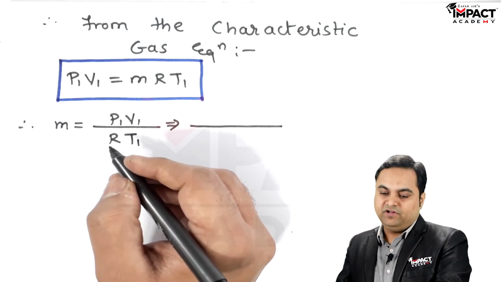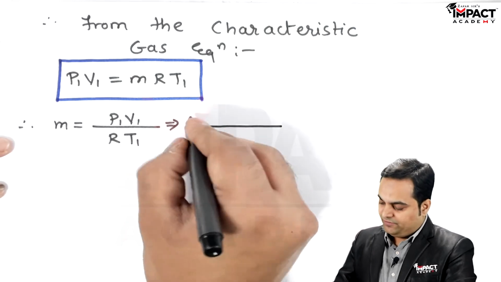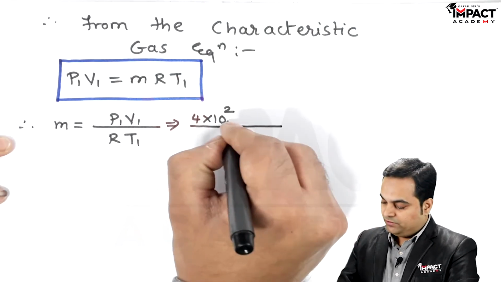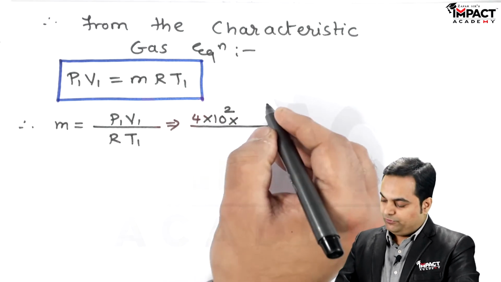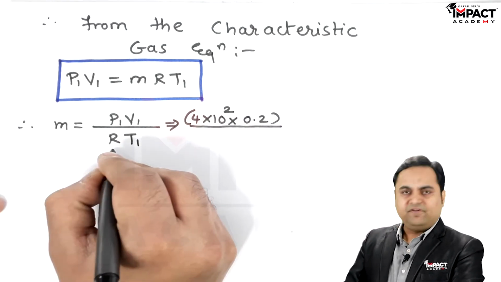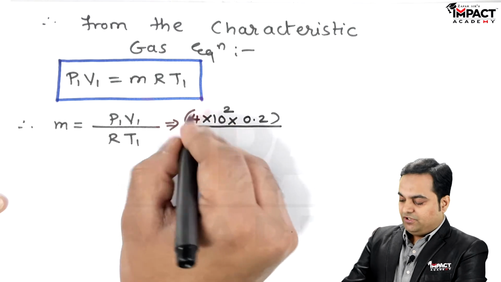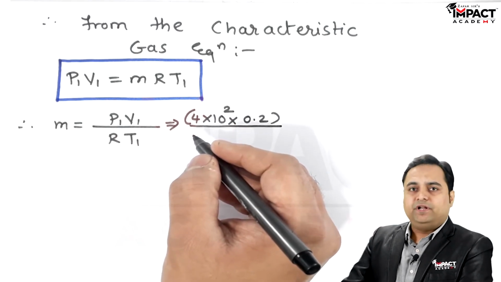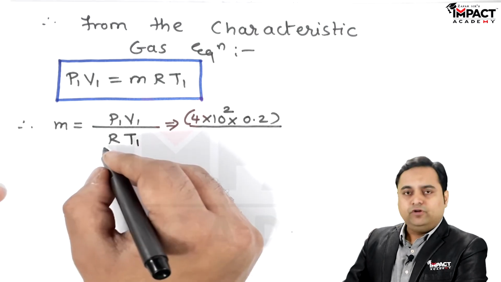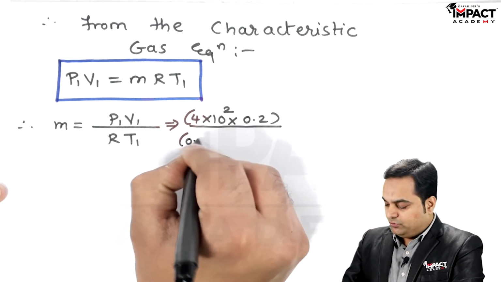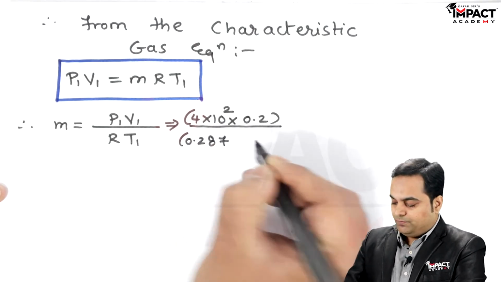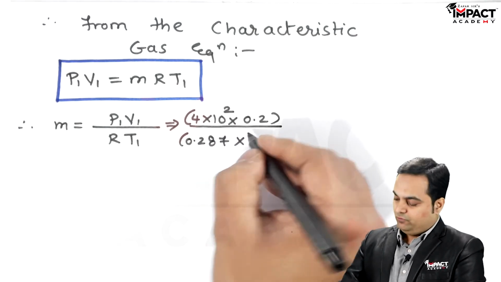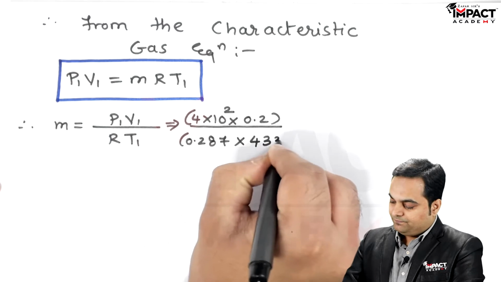Pressure P1 is 4 bar, that is 4 into 10 raised to 2 kilonewton per meter square. Initial volume is 0.2. R value, now since pressure is in terms of kilonewton per meter square, R should be in terms of kilojoule per kg Kelvin. So the standard value for air is 0.287 kilojoule per kg Kelvin, and temperature T1 is 433 Kelvin.